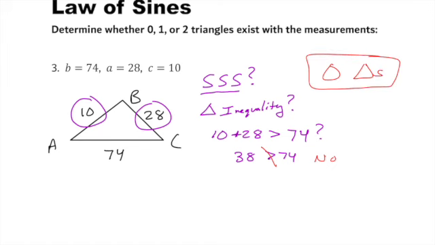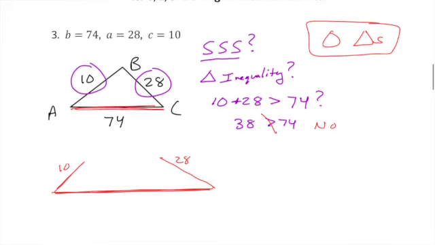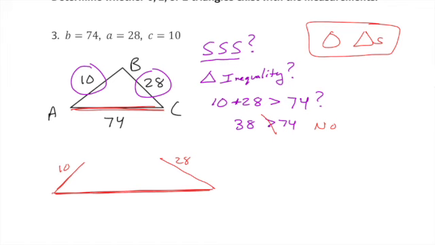If you tried to actually build this, side of 74 would be so long compared to those other two sides, you know, this side being 10 and this side being 28, they wouldn't be able to touch and close it off and make a triangle. So if you've got side, side, side, just make sure it satisfies the triangle inequality of sides. Okay.